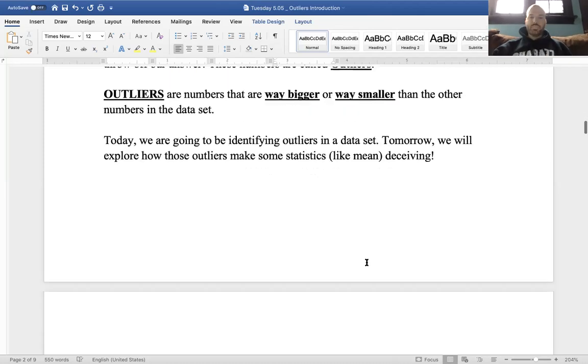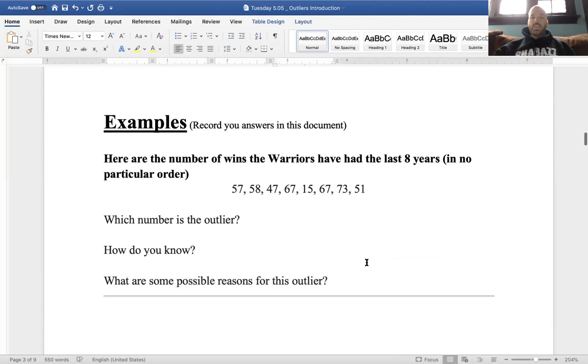Sometimes they do. Okay. Here are the number of wins the Warriors have had for the last 8 years. This is real data, Golden State Warriors, but it's in no particular order. It's not like 2012, 13, 14, 15. I just jumbled them all up. 57 wins, 58 wins, 47 wins, 67 wins, 15 wins, 67 wins, 73 wins, 51 wins.